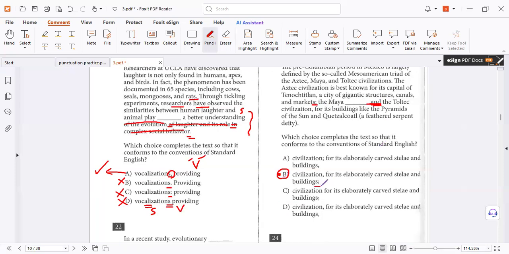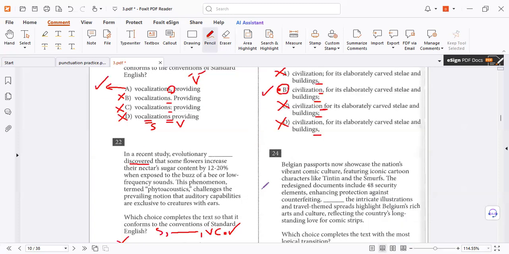Now look at the end. Do we have a semicolon here? No. Here we have a semicolon, correct, but we have a mistake here. We need a comma between the semicolons. That's why we use the semicolon as a list. So it's B, not C. So you need a comma here. That's why. Understood?